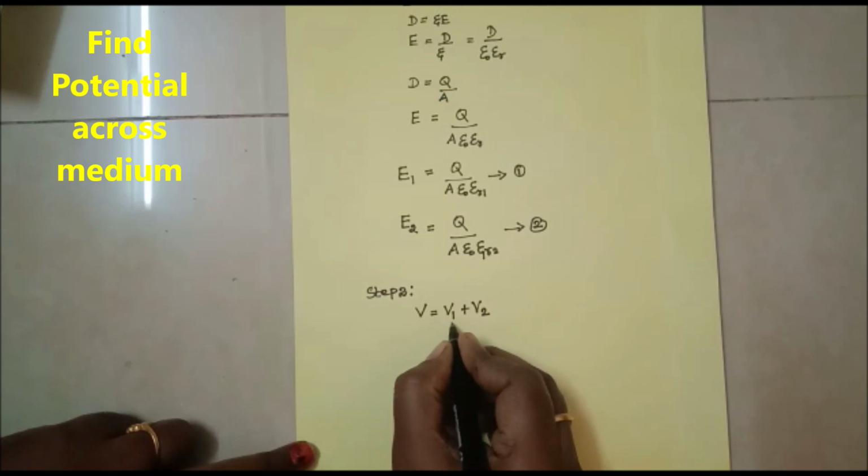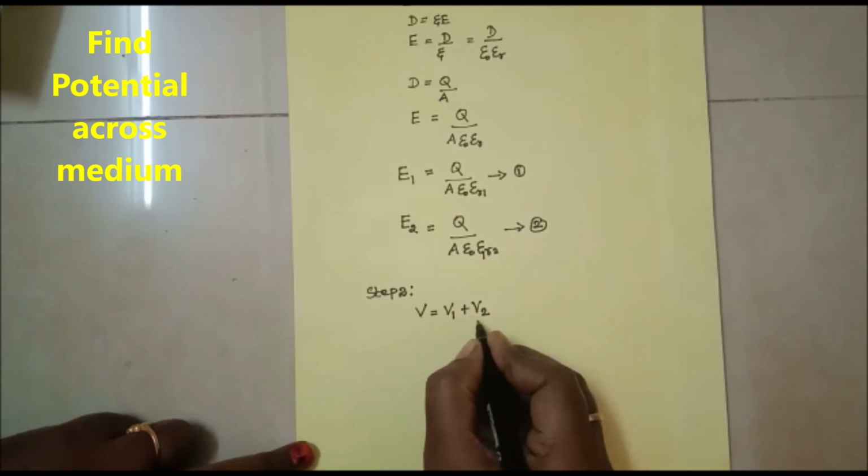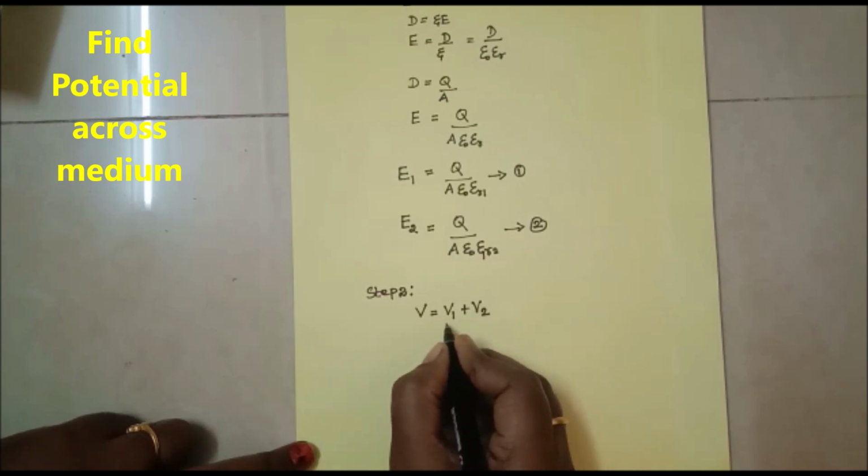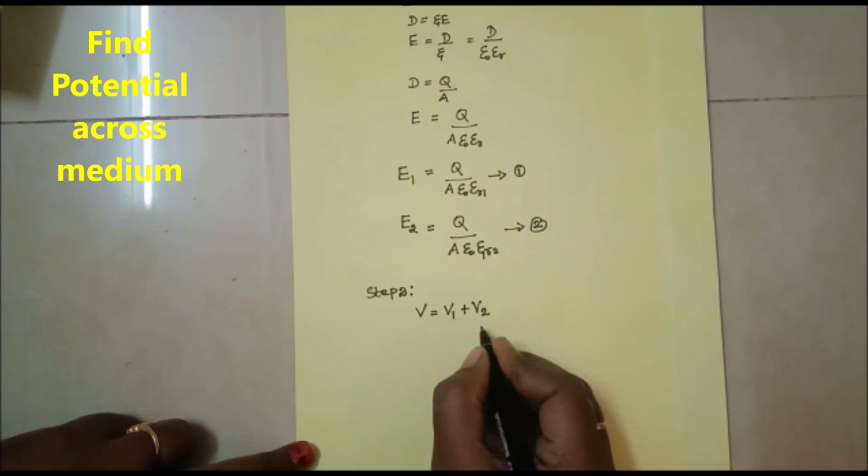Here V1 is the potential across medium 1 and V2 is the potential across medium 2. The relative permittivity for medium 1 is epsilon R1 and for medium 2 is epsilon R2.